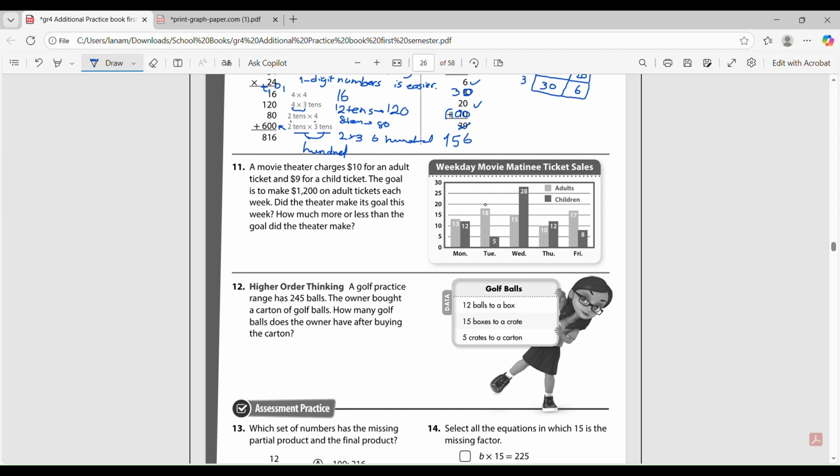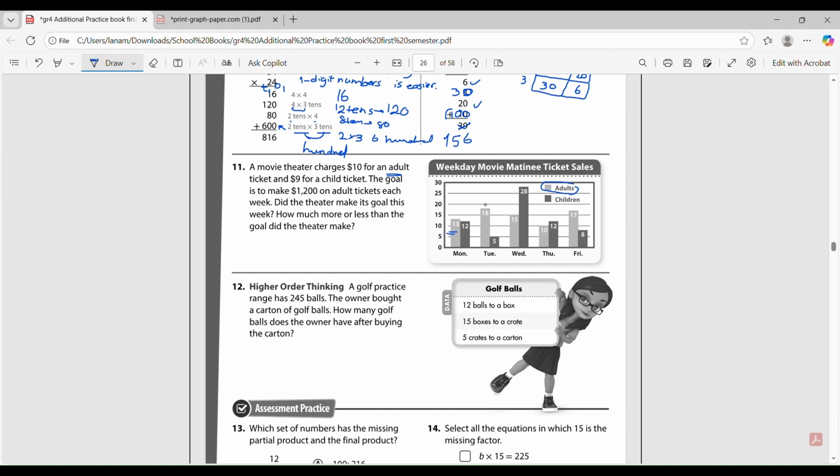So we are supposed to be looking at the adult tickets that are sold. So the adult here is shown in gray. So here we have the weekday movie matinee ticket sales. So here we have 13.